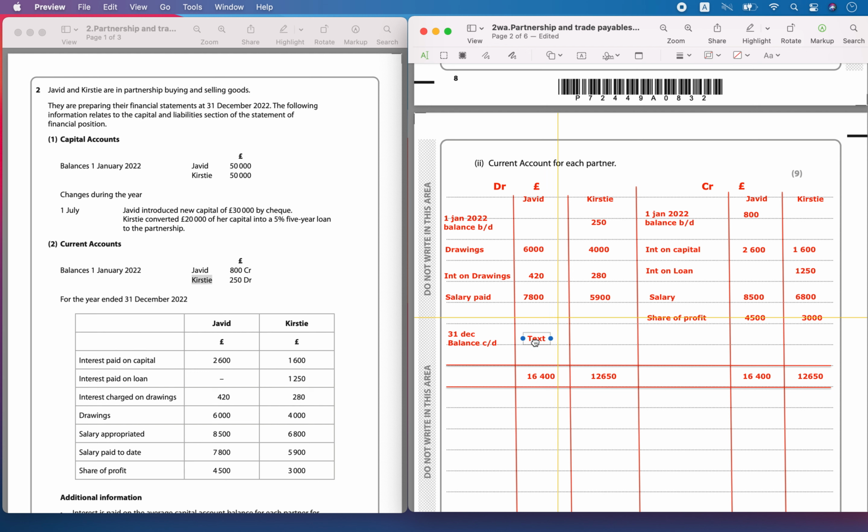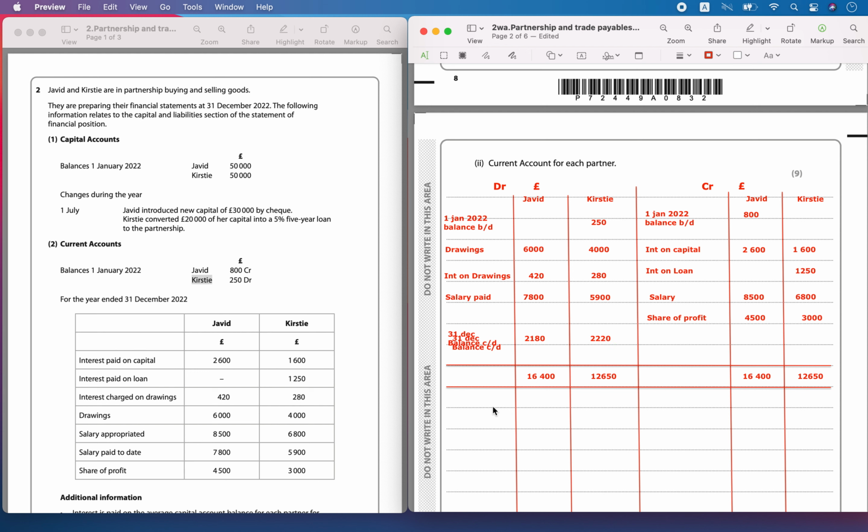For Javid it becomes 2,180, and for Kirstie it will be 12,650 minus 250 minus 4,000 minus 280 minus 5,900, which is equal to 2,220.